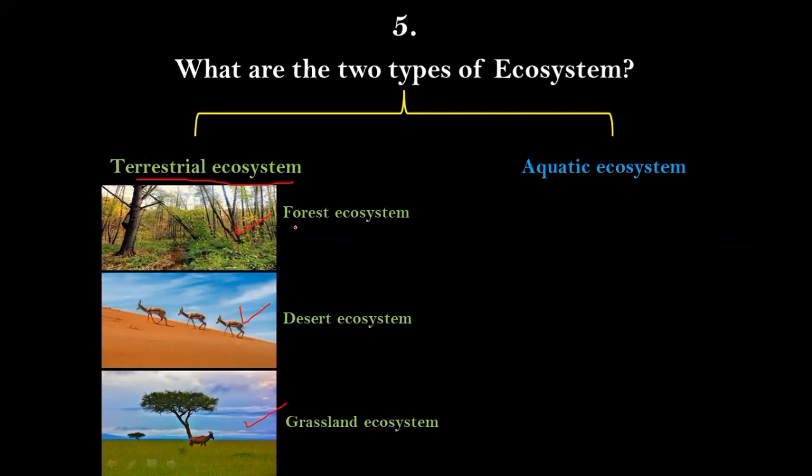So any type of ecosystem will fall under the terrestrial ecosystem, as long as it has to do with a land form.